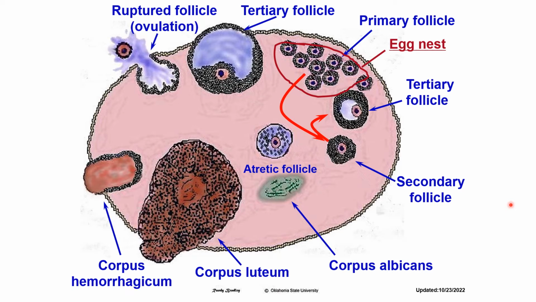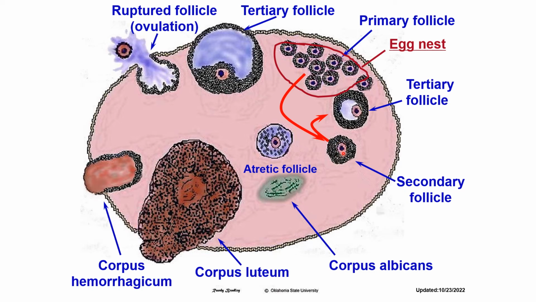And we also have the secondary follicle. So the primary follicle becomes the secondary follicle. So the secondary follicle is characterized by the presence of the oocyte with a zona pellucida and two or more layers of granulosa cells. So these cells here are referred to as the granulosa cells.